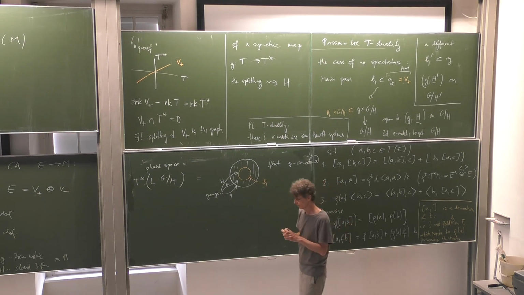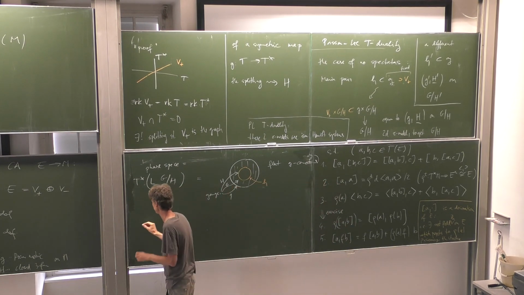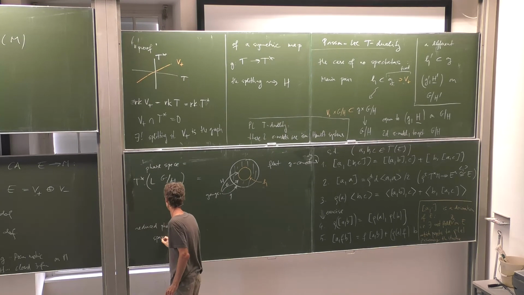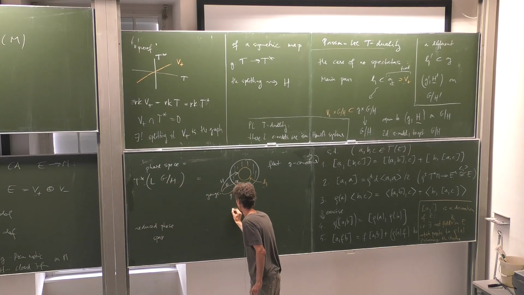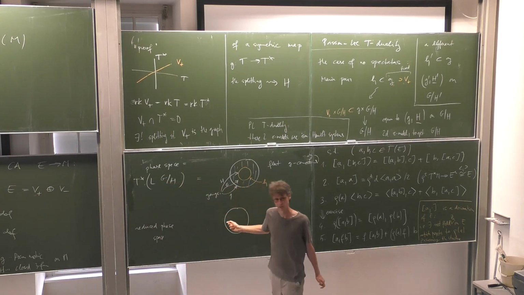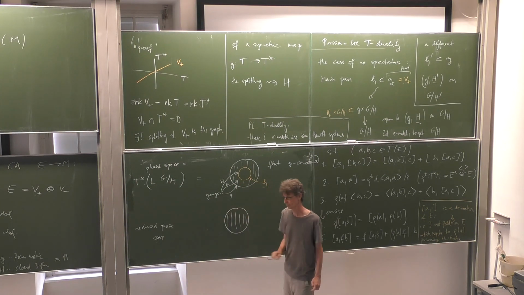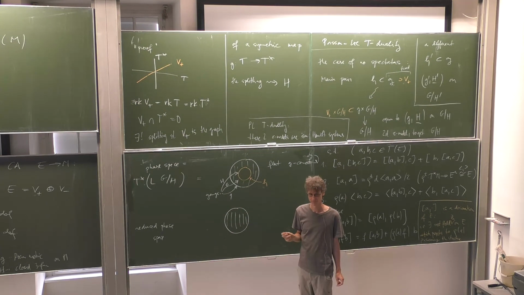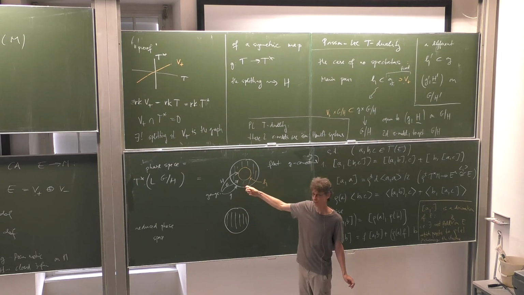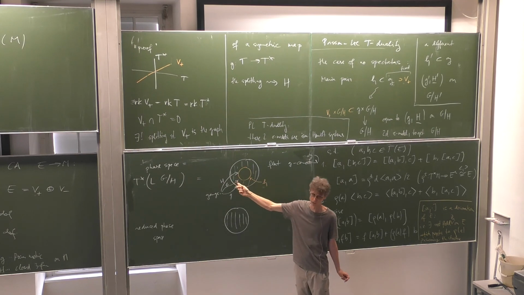So if you take some kind of reduced phase space, it's the same picture, but now with no hole. It has the same Hamiltonian. The Hamiltonian is some expression that I can write down, but it might not be so important, which uses V+.